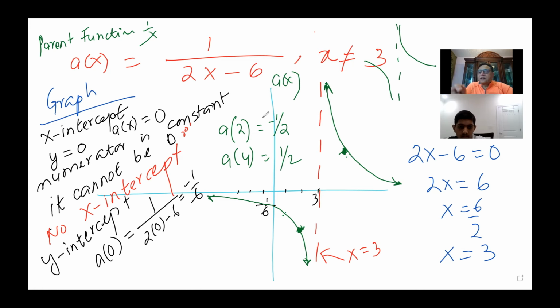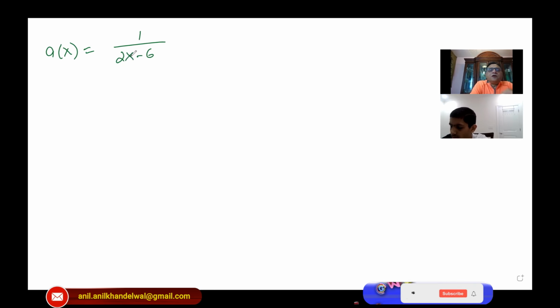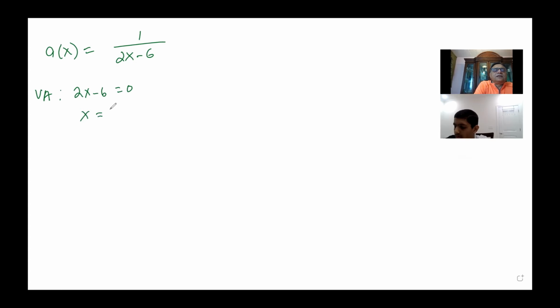Now, let us summarize our learnings and see how we sketch a graph of this kind of function. So we have this function a of x equals 1 over 2x minus 6. What did we do? We began with the vertical asymptote, which is when 2x minus 6 equals 0. That gave us x equals 3, right?